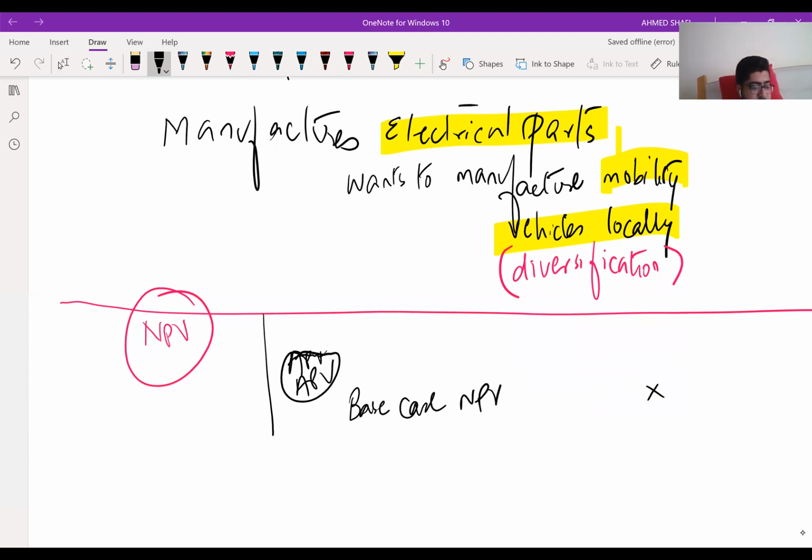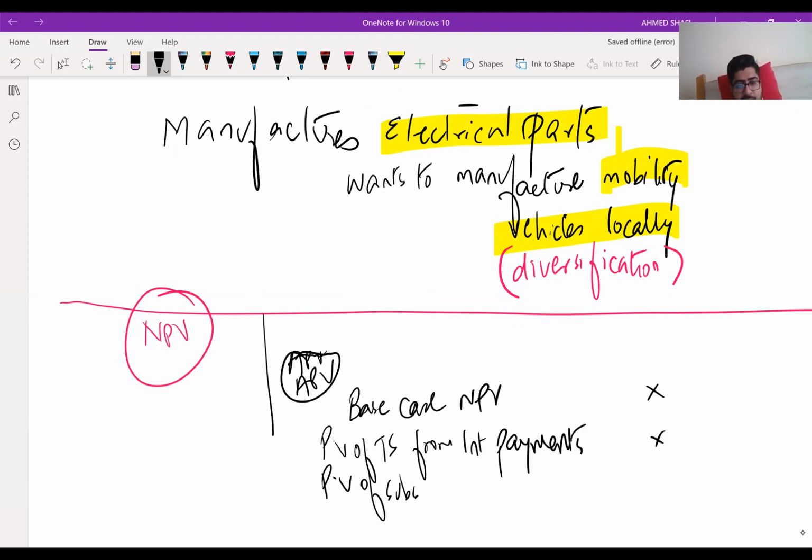What are those adjustments? Present value of tax savings from interest payments, it's a benefit. Then present value of subsidized loan benefit after tax. Then issue cost expense will reduce NPV.